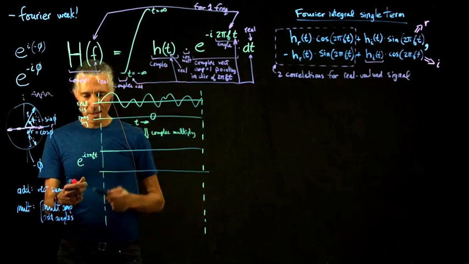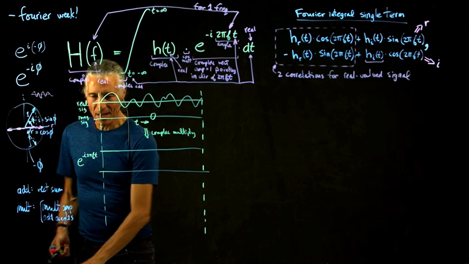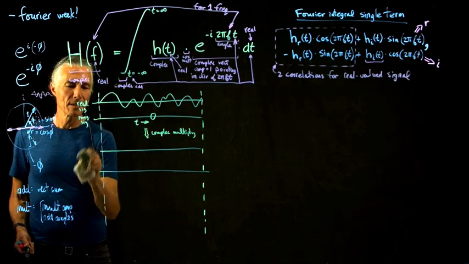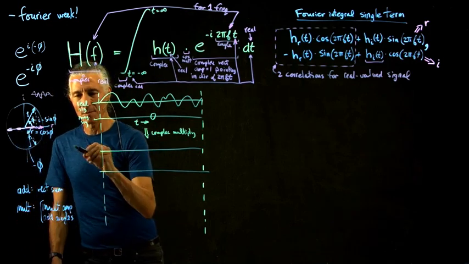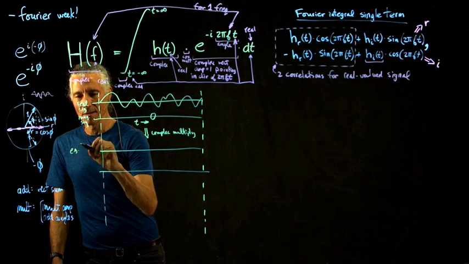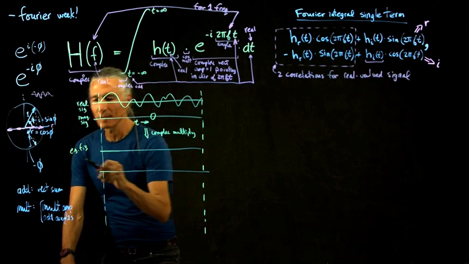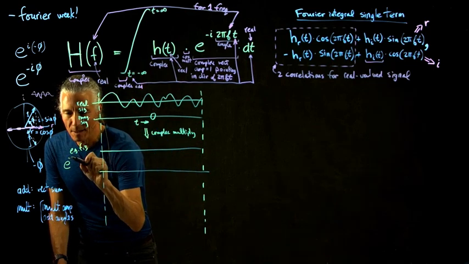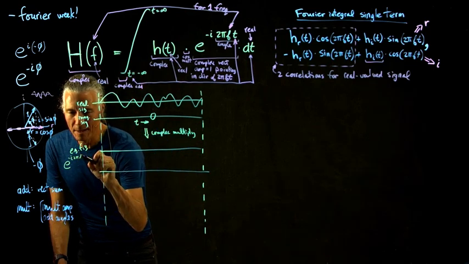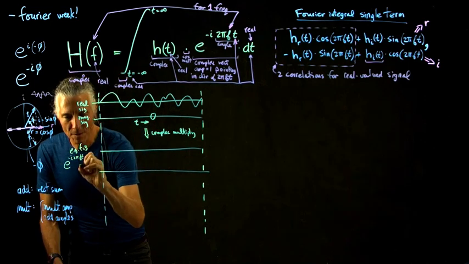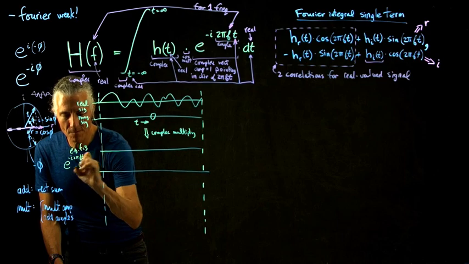Well, if we use the example I have in the notes, frequency equals 3. So I'll put that here. For example, frequency equals 3. So this is e to the minus i 2 pi ft, but we're sticking in 3 for frequency.